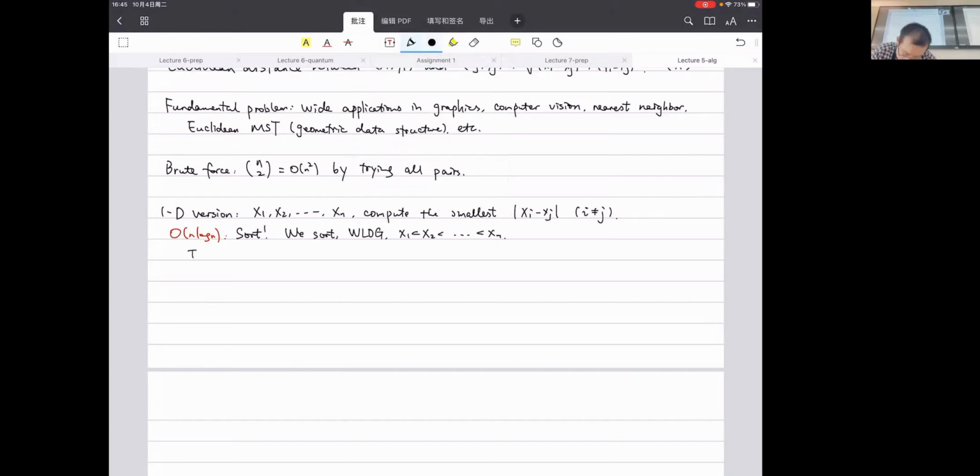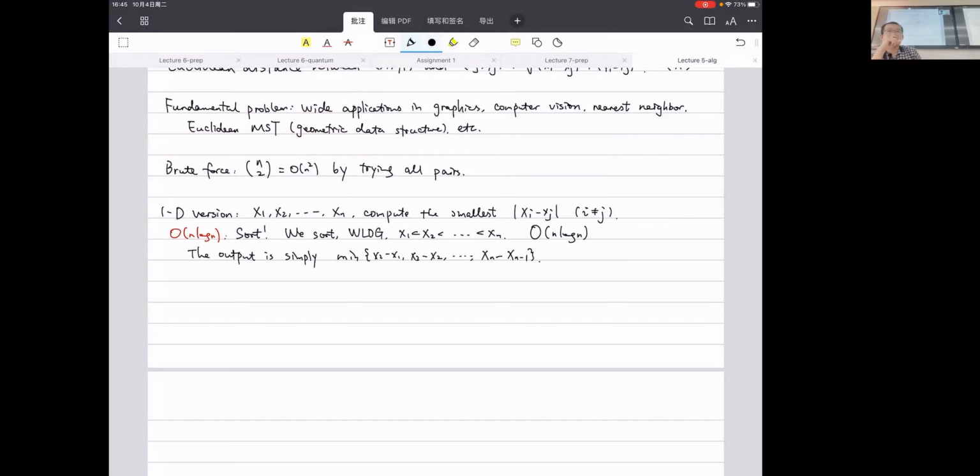Sorting costs O of n log n, as we just mentioned for merge sort. The output is simply the minimum of x2 minus x1, x3 minus x2, until xn minus xn minus 1.